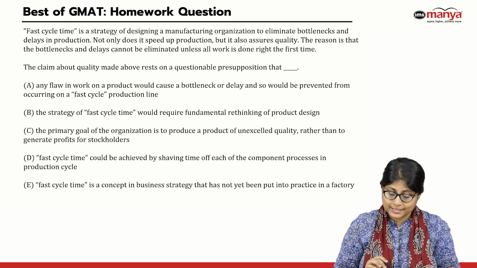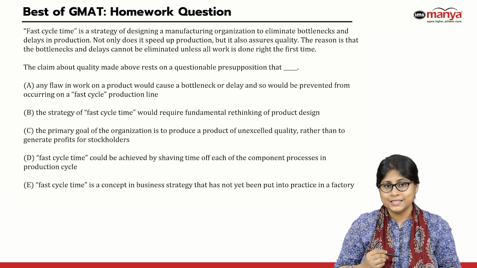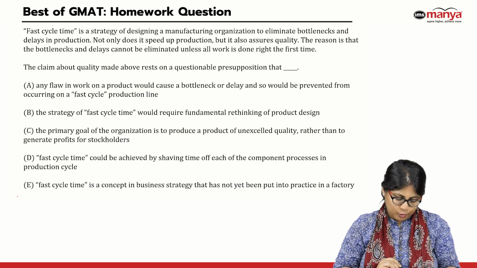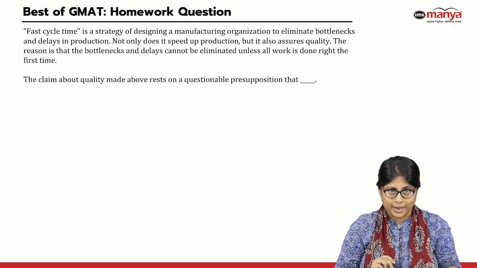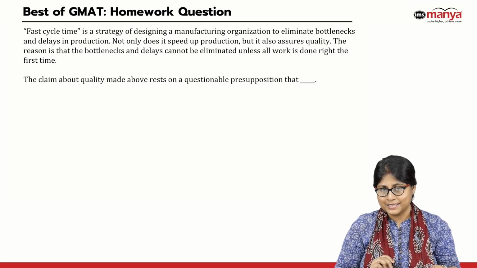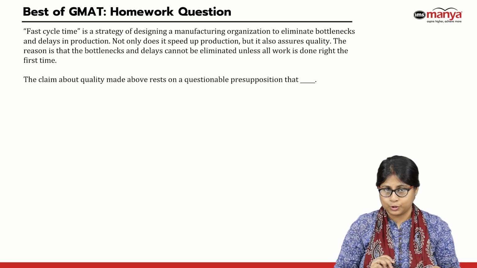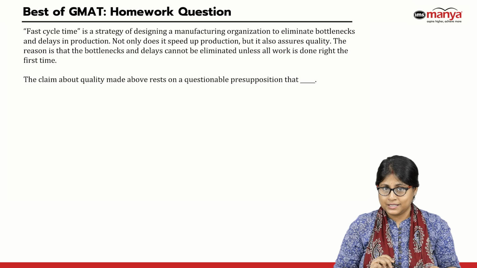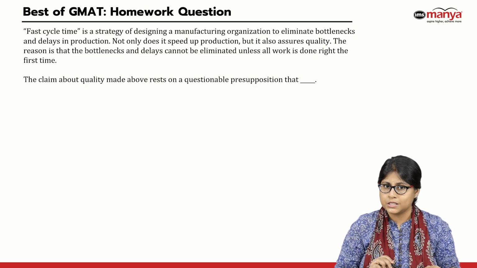Alright, so let's now take our step number 2. I hope you remember what our step number 2 is. We read the paragraph to identify what exactly the premises are and what exactly the conclusion is. For an assumption, we know there would be some hidden premise or missing link.